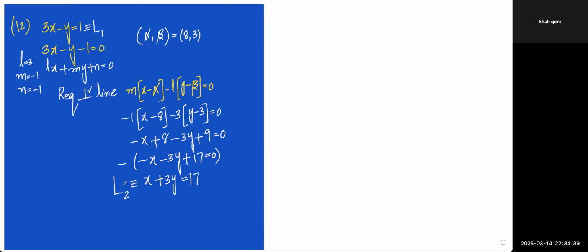Yeah. Second one, the coordinate of the point Q where L1 and L2 are intersecting. It means we have to solve L1 and L2. Okay? We have to solve L1 and L2 to get the coordinate of Q. So simply solve the equations.